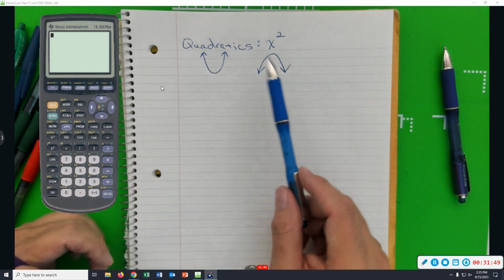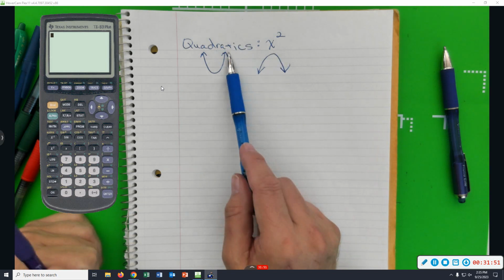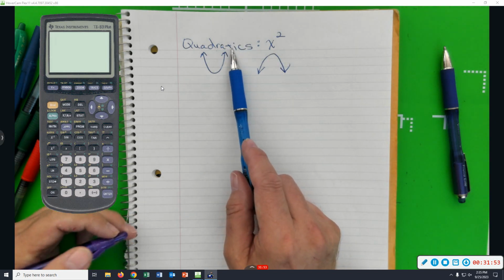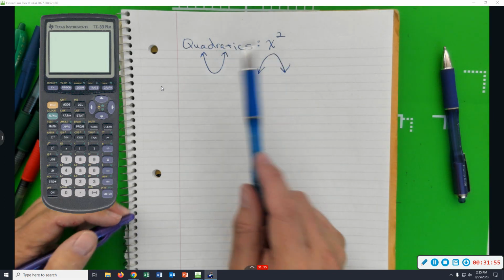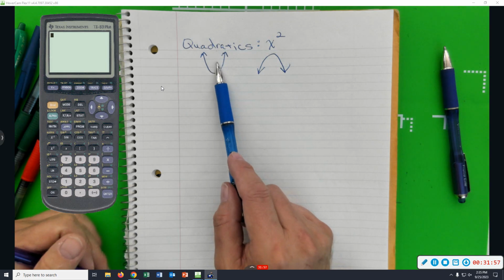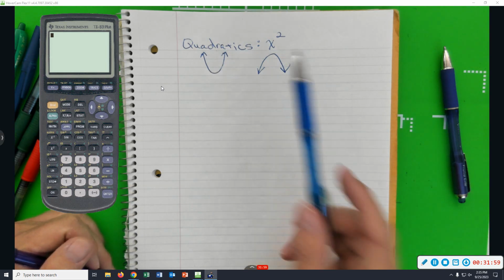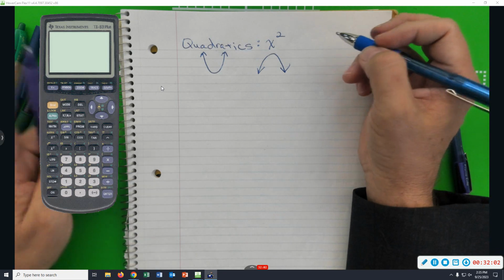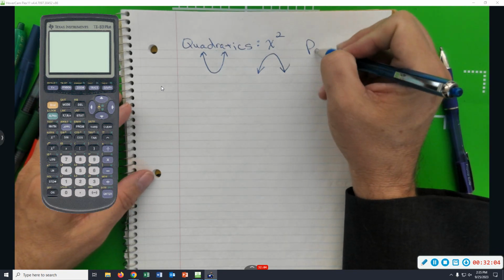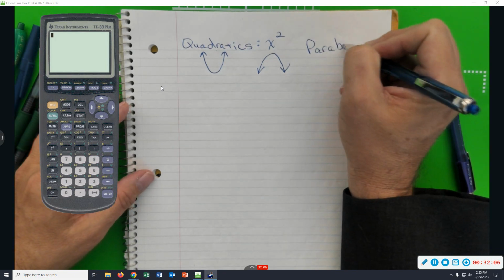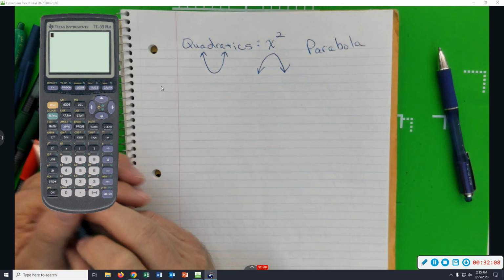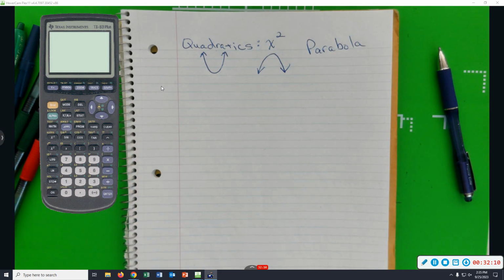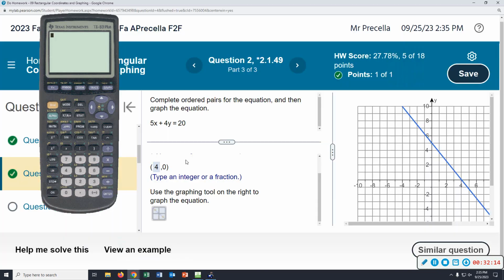But right now, all you need to know is that the equation for a quadratic has to have an x squared, and it's going to be either a U shape opening upward or downward. This smooth U-shaped figure is called a parabola. And to illustrate, they have a tool for graphing quadratics.